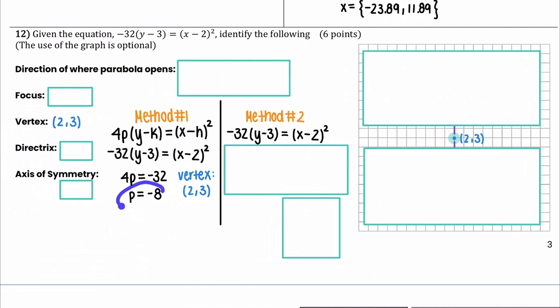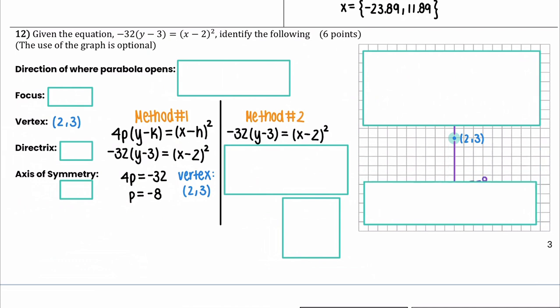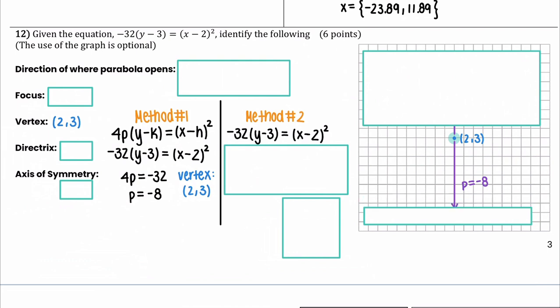From here, we know that the vertex is in the middle, 2, 3. If p is -8, then p is either going to go down or to the left. But because this equation has an x squared, that tells us it's an up or down parabola, so it's going to point down.